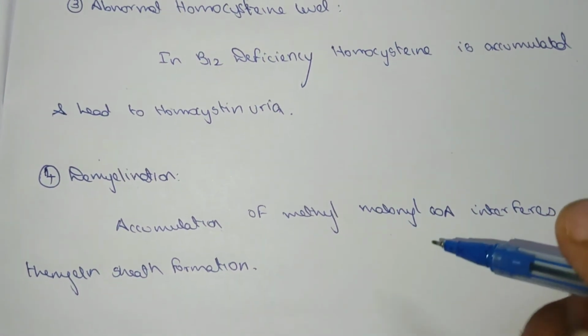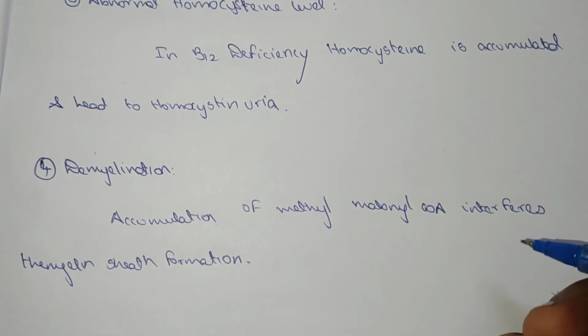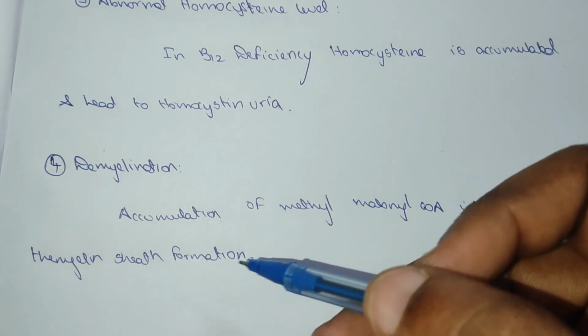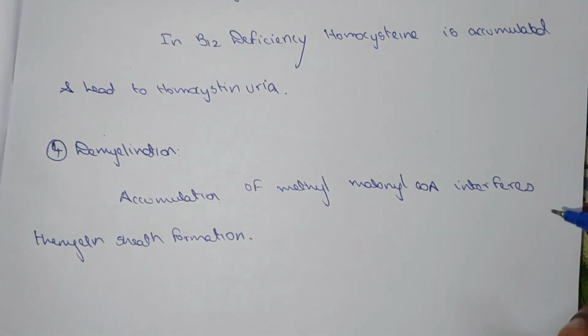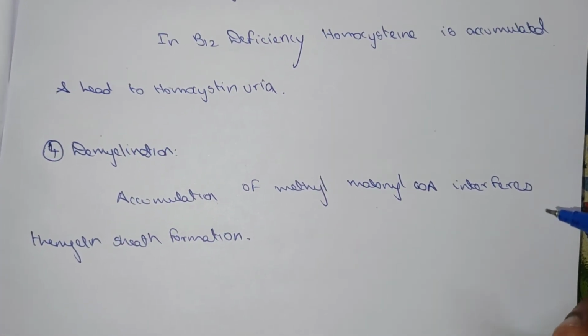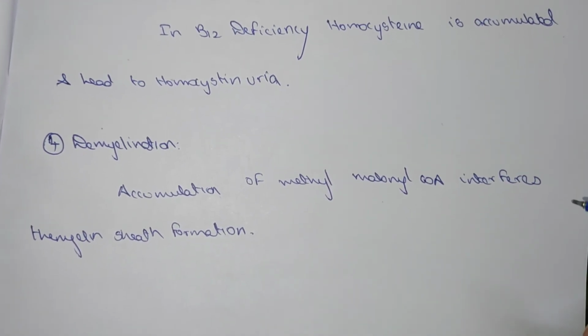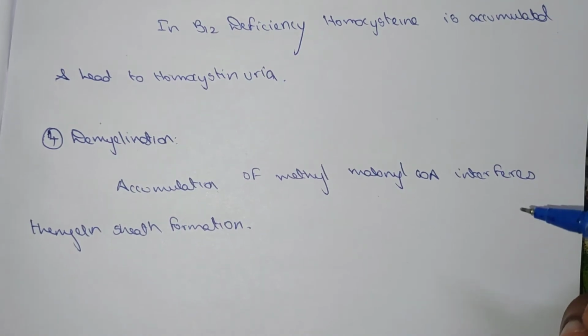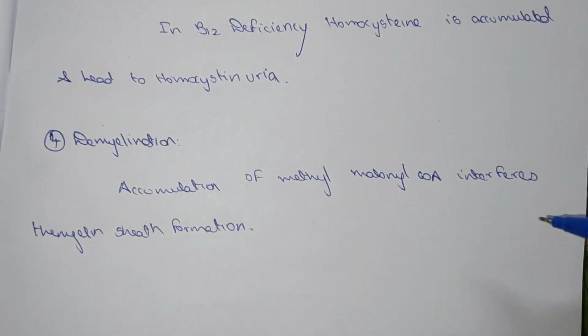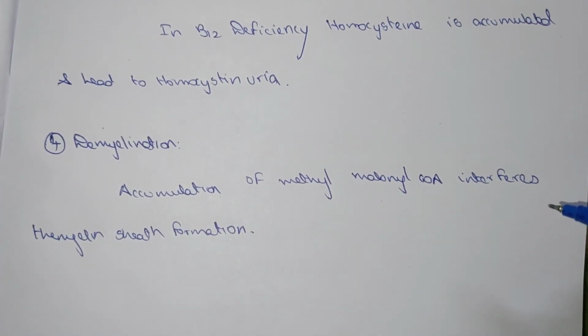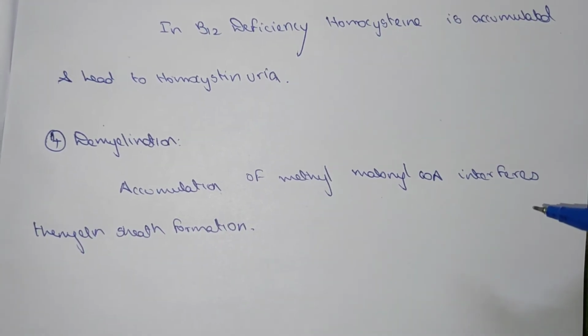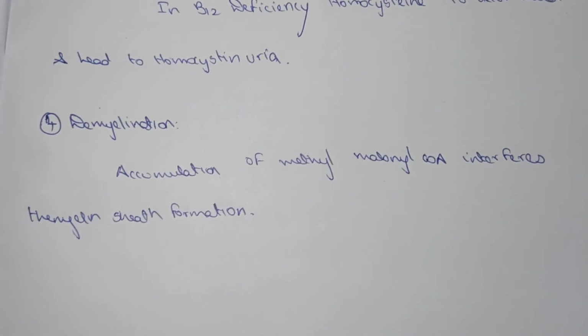Demyelination: accumulation of methylmalonyl-CoA interferes with myelin sheath formation. Generally methylmalonyl-CoA is changed into succinyl-CoA with the help of vitamin B12, but due to the deficiency, it accumulates more and interferes with myelin sheath formation.